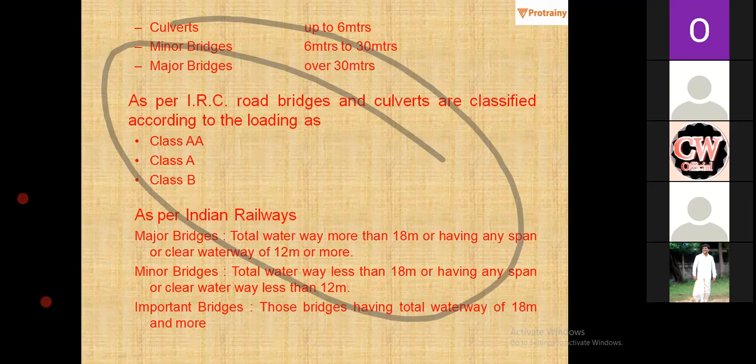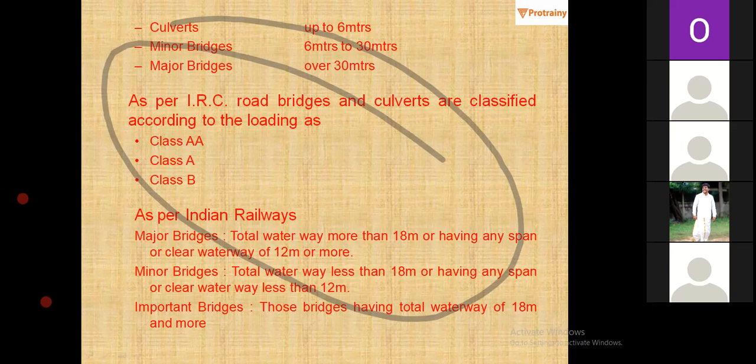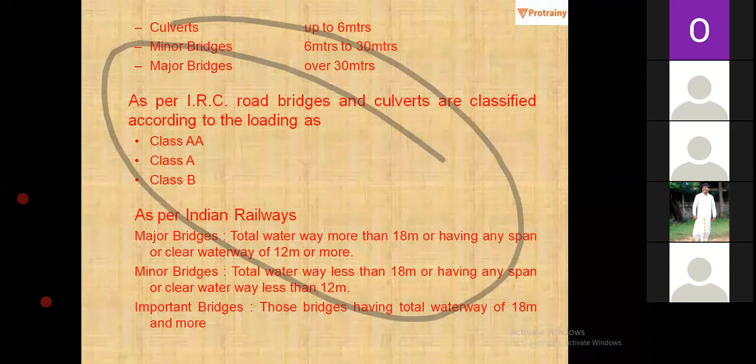Now, when it comes to bridge design in India, we have to go according to the Indian Roads Congress, IRC.